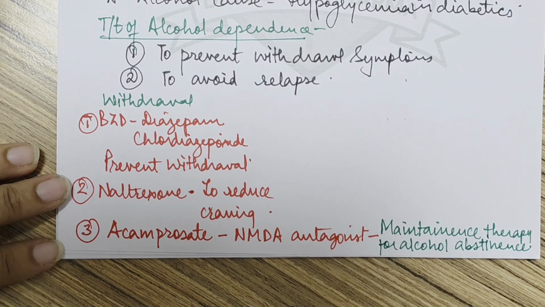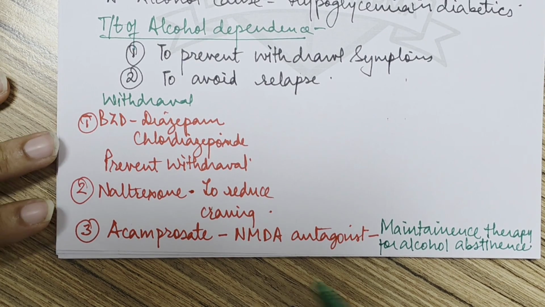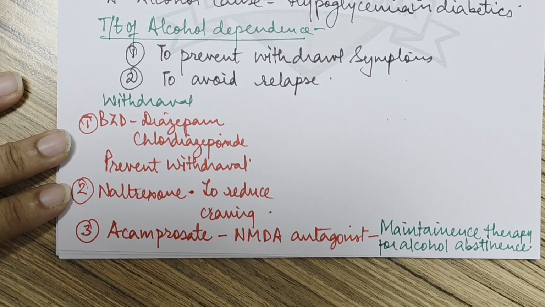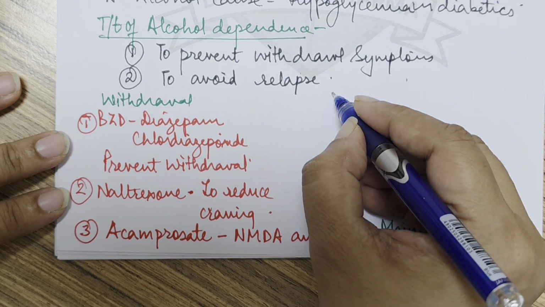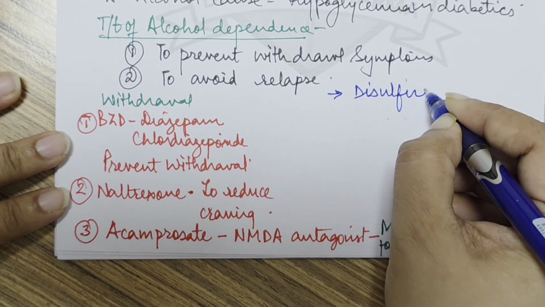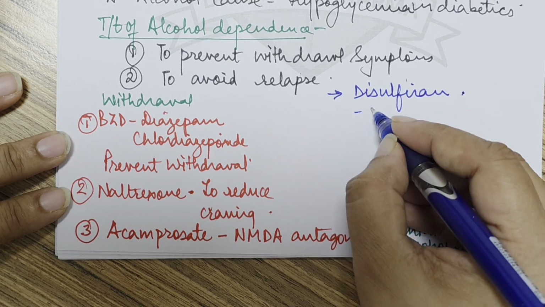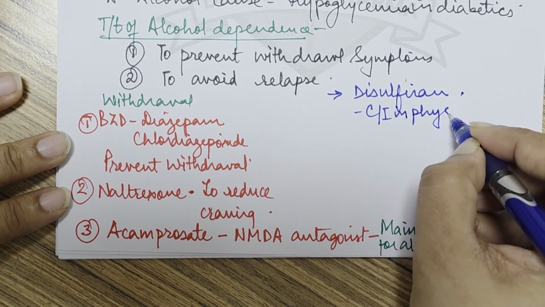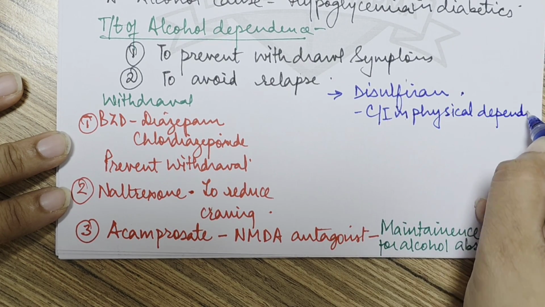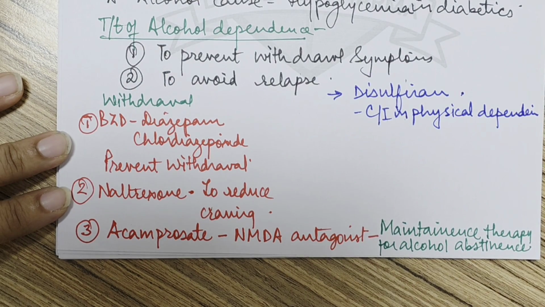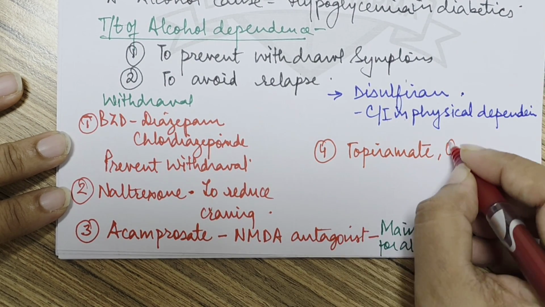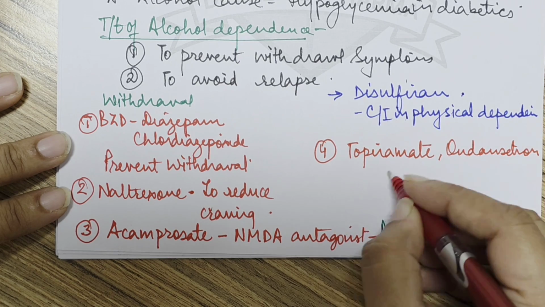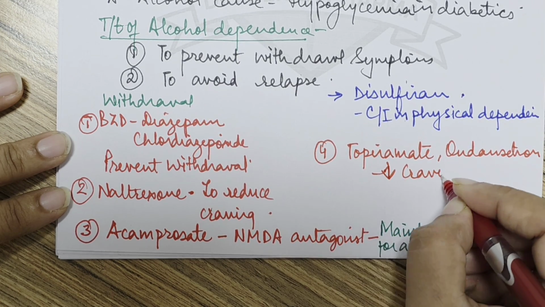That means a patient who has left alcohol, to avoid relapsing, acamprosate is used to maintain the therapy. So we have diazepam to prevent the withdrawal, naltrexone to reduce the craving, and acamprosate. And the next that we have is disulfiram, which we have already seen. Now it is contraindicated in physical dependence patients. Okay, and another category of drug, topiramate, which is an anti-epileptic, and ondansetron. They also are used to reduce the cravings.